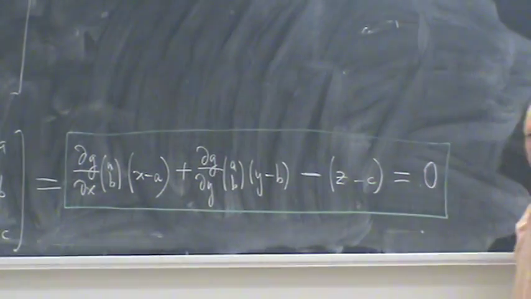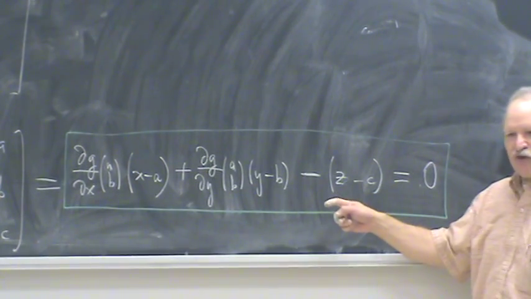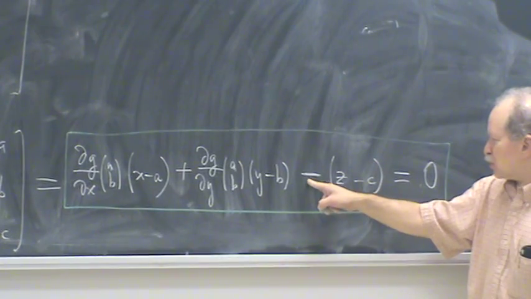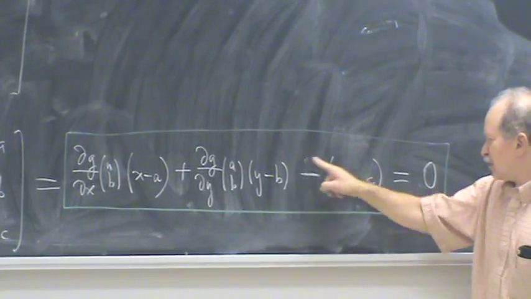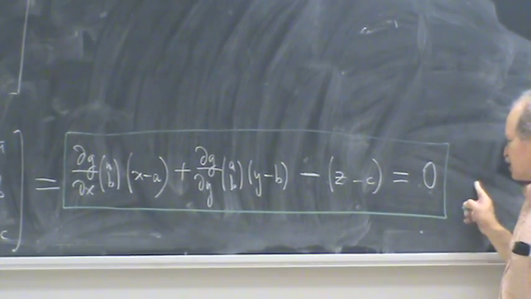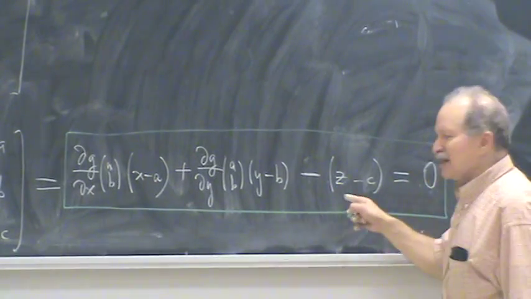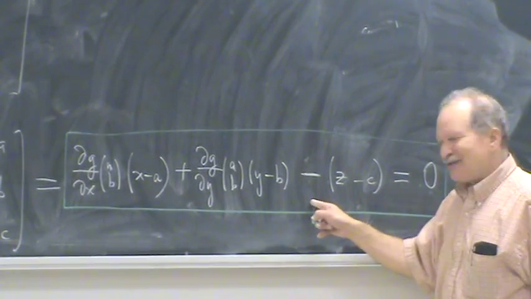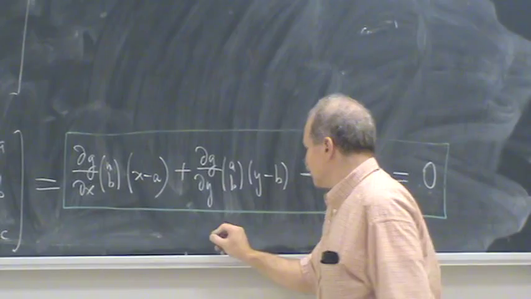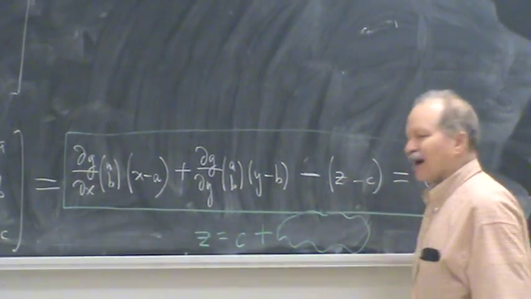Well, no, it looks totally different. What's the difference? In the stuff you've been doing, what did you do? You took this term and put it over there, and you said z minus c equals this. Well, you left the c over on this side. You said z equals c plus the derivative stuff.